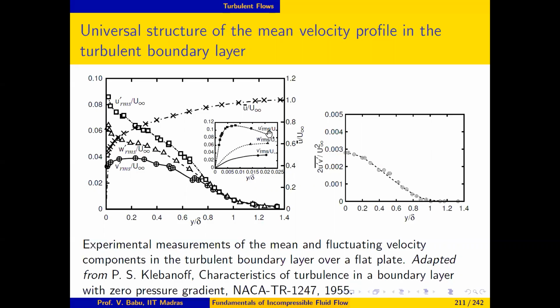Notice that the u prime RMS over u infinity peaks at y over delta of 0.005, which roughly corresponds to this point. So within a distance of y over delta of 0.005, the mean velocity u bar over u infinity decreases from about 0.6 to 0, which is indeed a very steep drop.